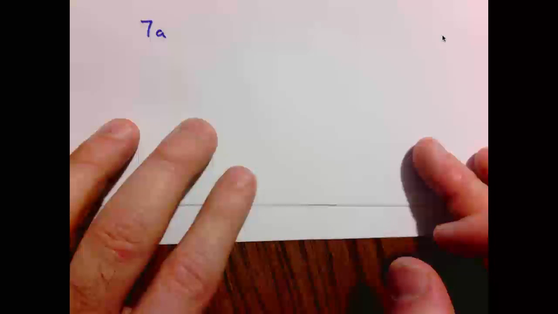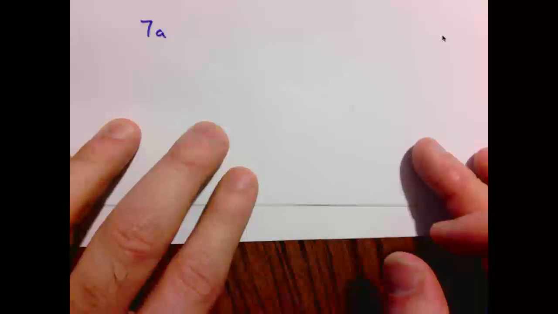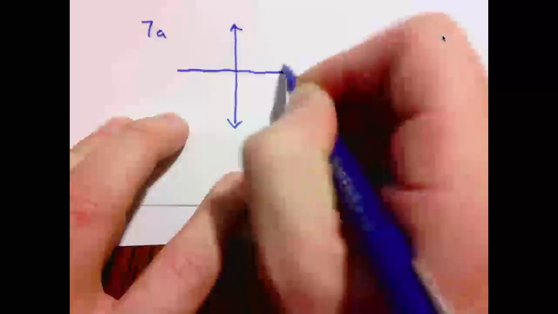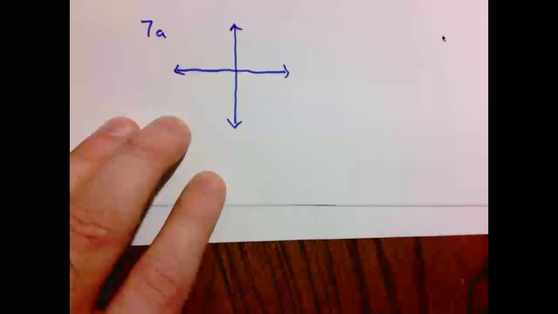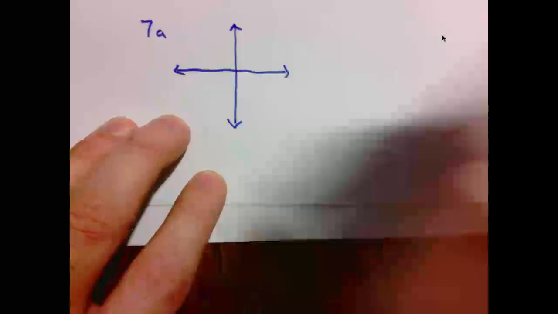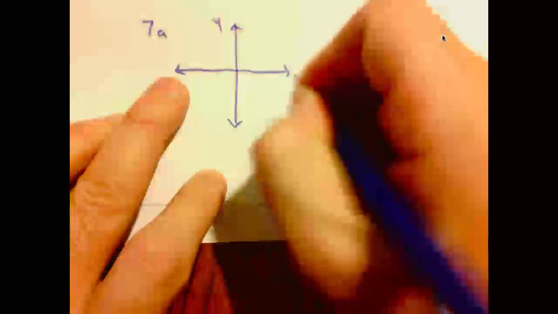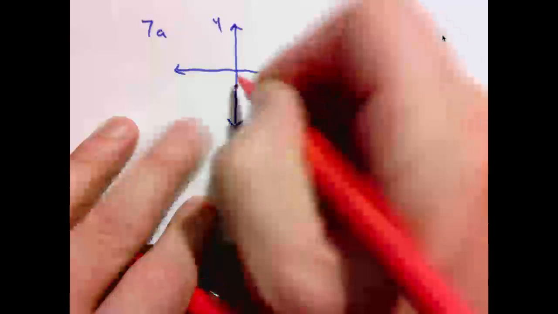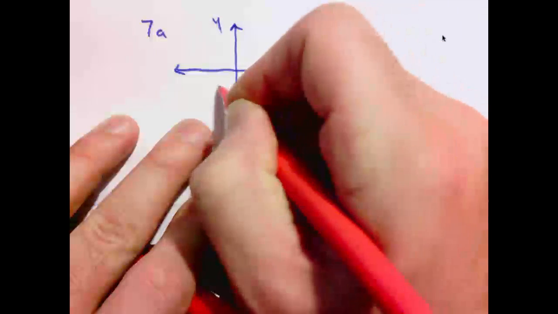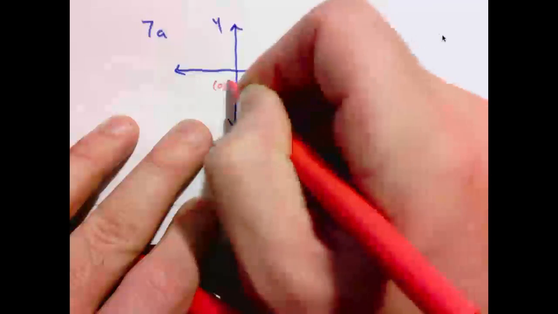Next, 7A. Which graph shown here is the graph of the following equation? They give us a line. That line crosses our y-axis at a value of -2: 0, -2.